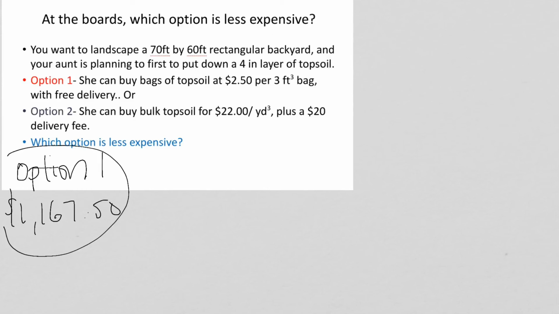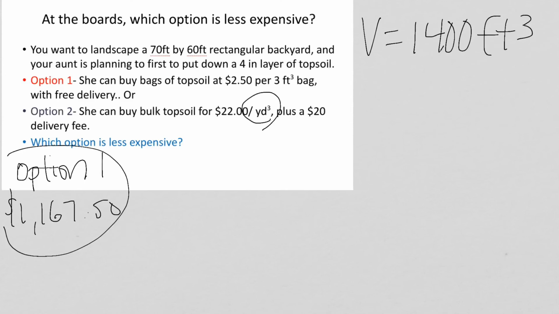Option 2 is now she would buy bulk topsoil. It would cost $22 a cubic yard plus a $20 delivery fee that we have to add on to that. So we need to understand how to convert our volume, which was the 1,400 feet cubed, into cubic yards.